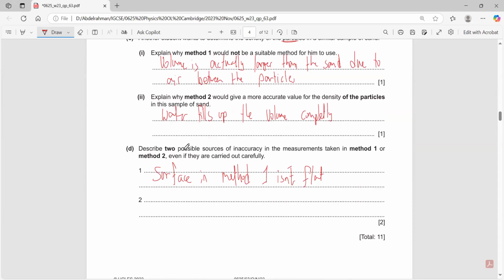Graduations are too far apart in method 2. The graduations in the measuring cylinder are too far apart or too large. Okay.